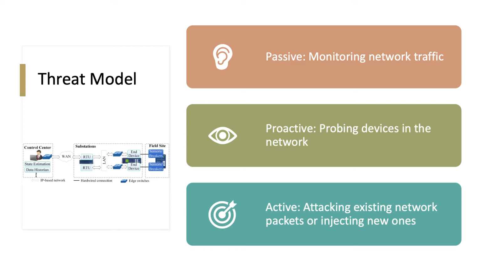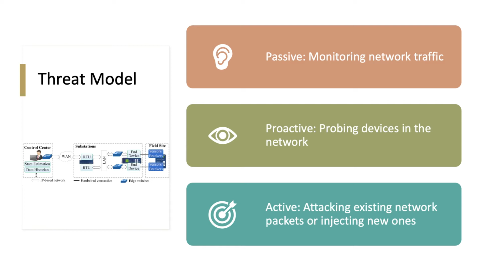RTU stands for remote terminal units. Yeah, exactly. Thank you, Professor. But just from these devices, he's not able to tell the entire structure of the network, and so he has to mount some kind of reconnaissance beforehand.